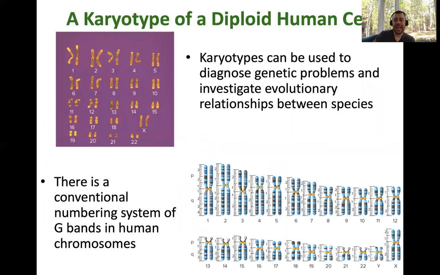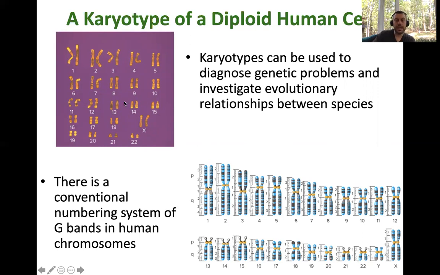Now, this is a karyotype of a diploid human cell in the top left-hand corner here, so two copies of each chromosome. You can see in this nice karyotype where the centromeres are. This one looks like it's a metacentric one. In 13, 14, 15, they look acrocentric to me.